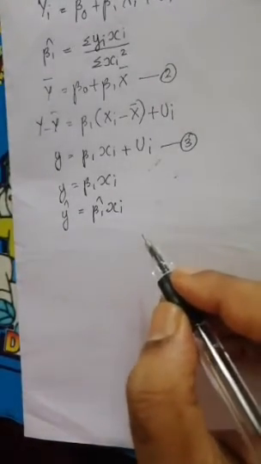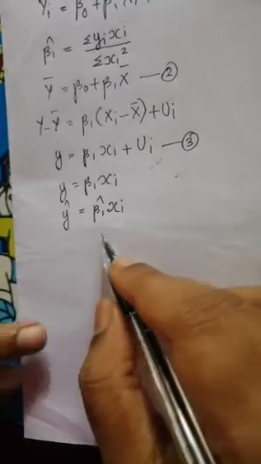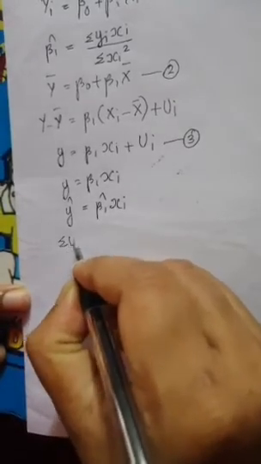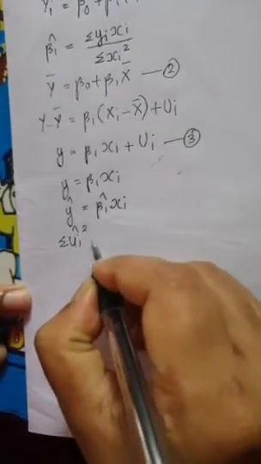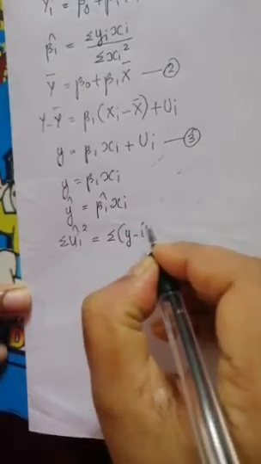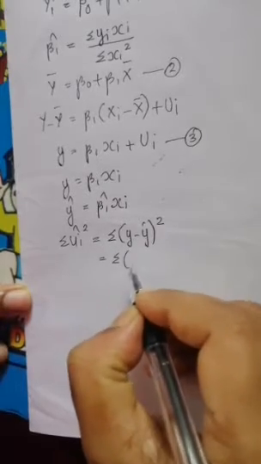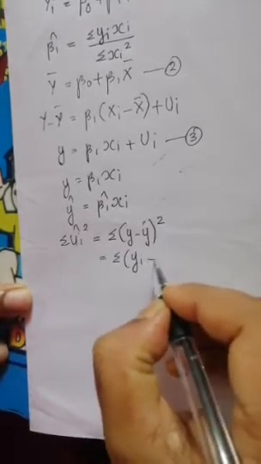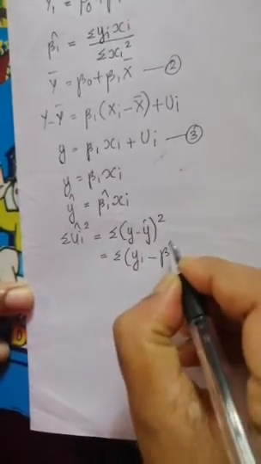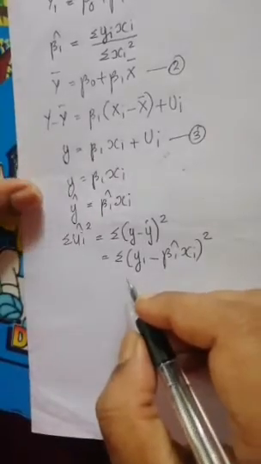Next we can apply the least squares principle to this equation by setting the error sum of squares equal to sigma ui hat square, that is sigma yi minus y hat the whole square, where yi minus y hat is equal to yi minus beta 1 hat xi, the whole square.